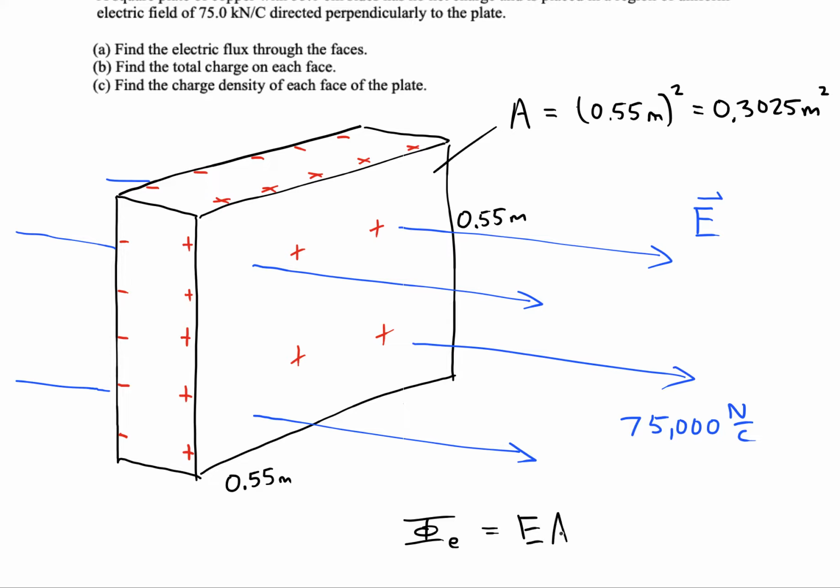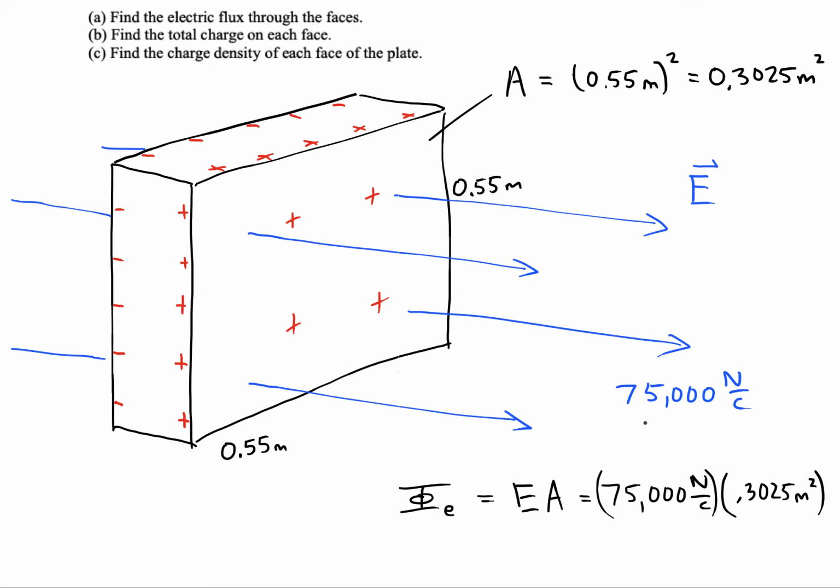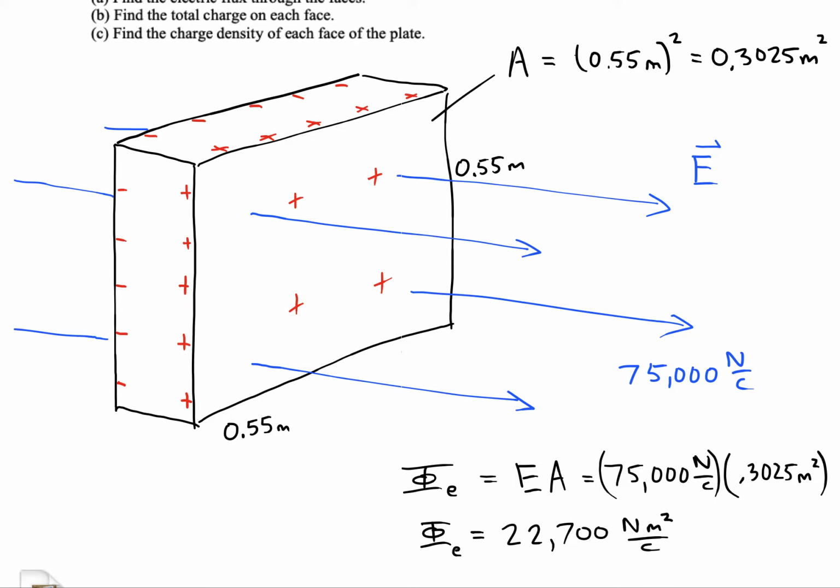It'll be the field strength times the area because the field is uniformly distributed. So the flux through the positive side of our copper object is going to be 22,700 newton meters squared per coulomb.